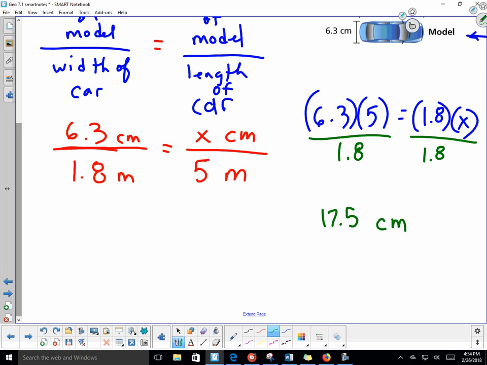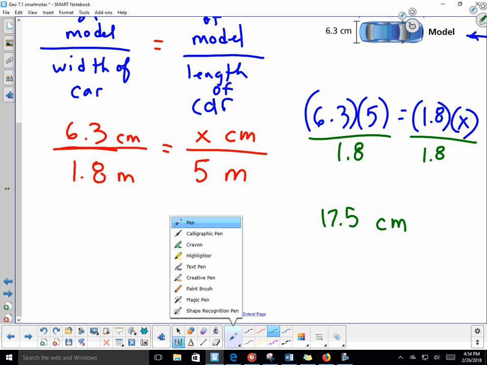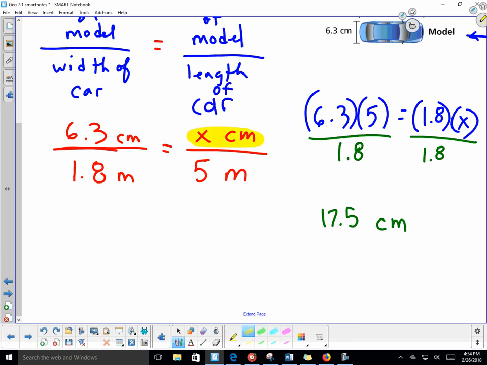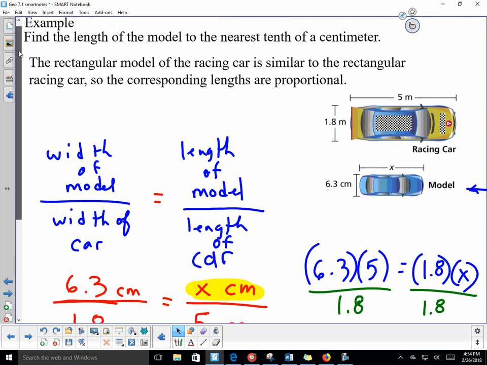Check me on that. But it's going to be centimeters because that's the units that we were looking for here, right? X centimeters. So it's going to be 17.5 centimeters. So we found the length of the model.